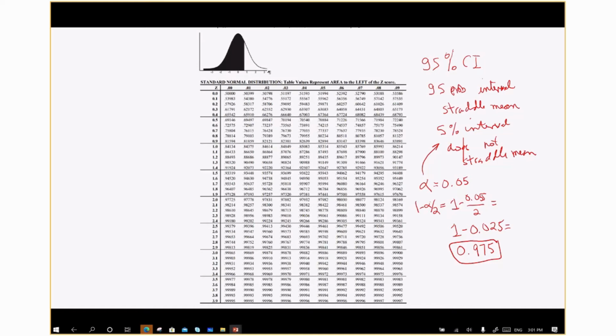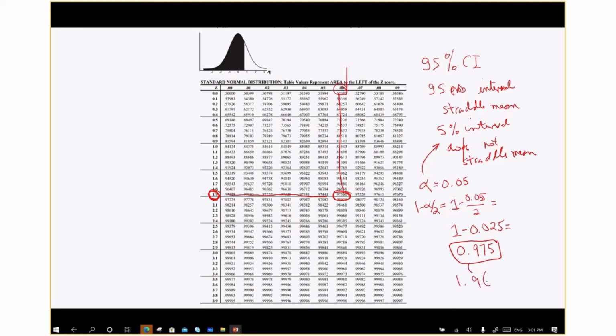And where are we going to find that? We're going to find that right here. So there's a value of 0.975. And we go to our margins. The first two significant digits are the 1.9, come up here, we get an additional 0.06. So the Z value associated with 0.975 is 1.96.